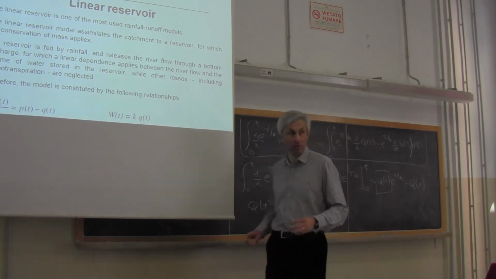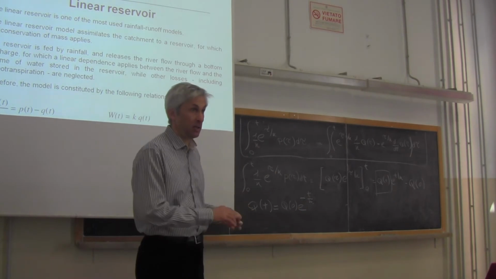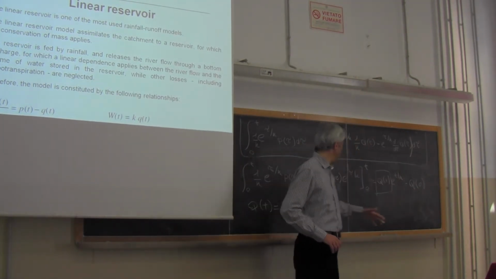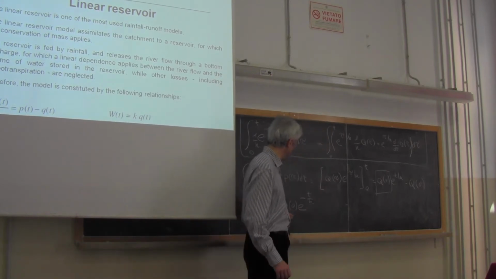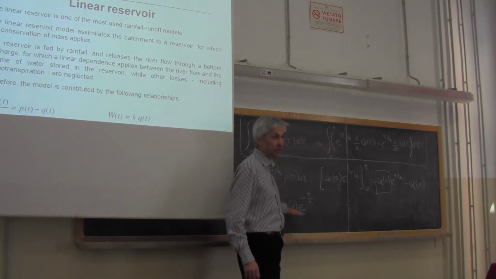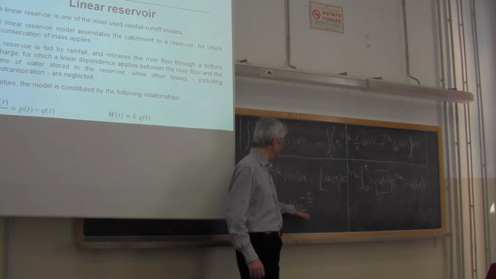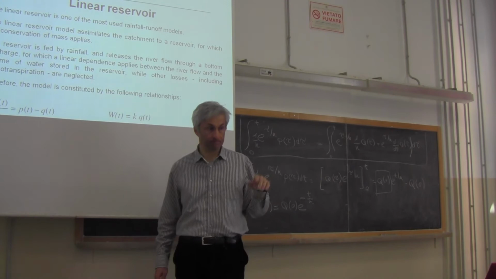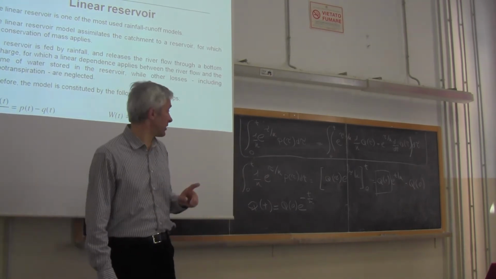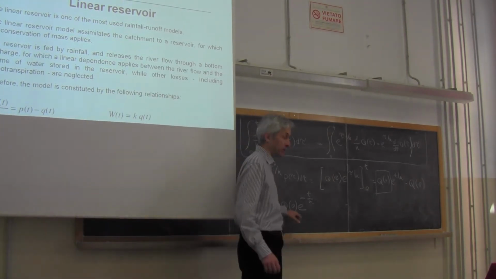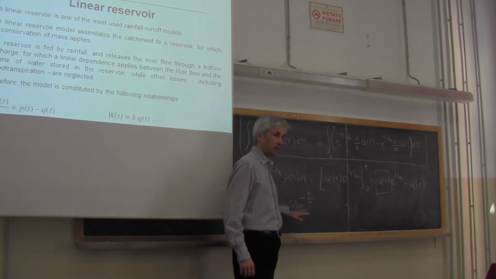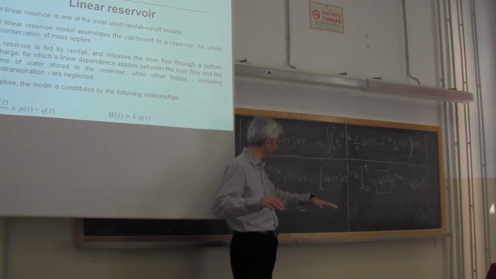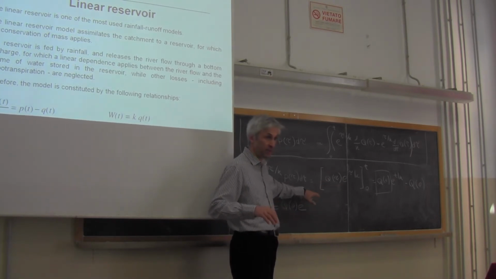Because I need to divide Q0 by e to the power of t over k, and therefore this is equivalent to multiplying Q0 by e to the power of minus t over k. Look, this is a depletion term. This vanishes for increasing t, which is fine.